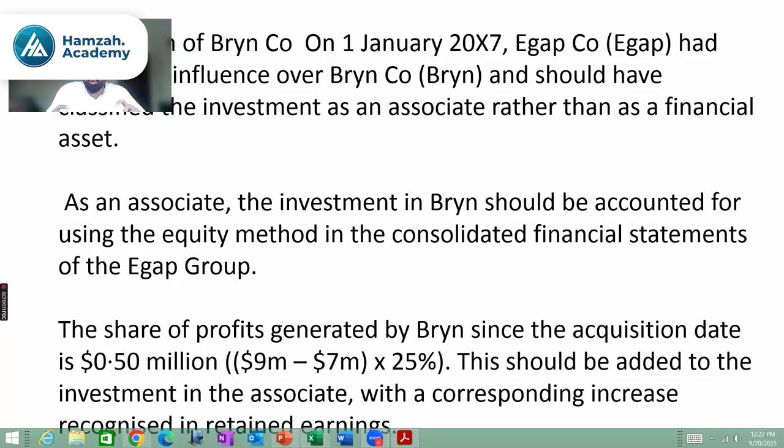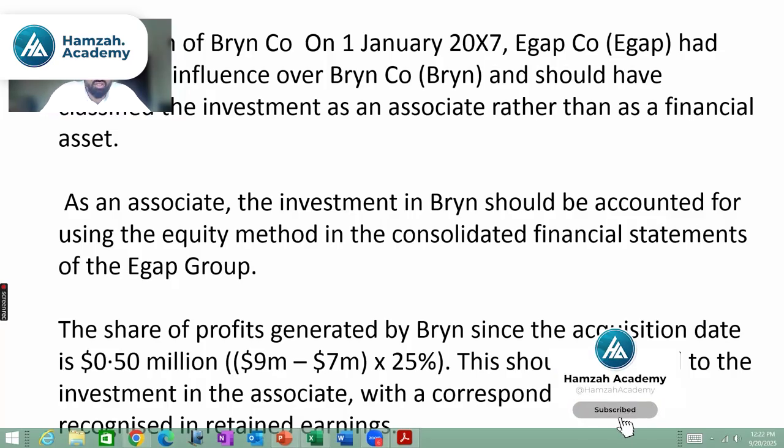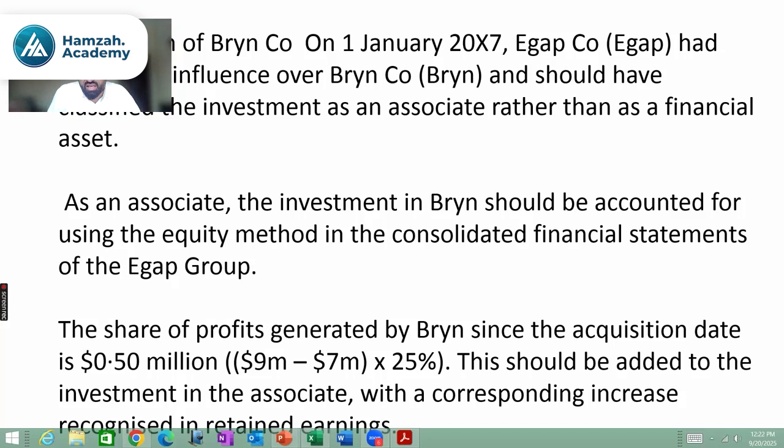So there is a post-acquisition profit of 2 million. You will take the 25% share and record that share in the consolidated financial statement by debiting the investment in associate and crediting the group retained earnings or consolidated retained earnings account.